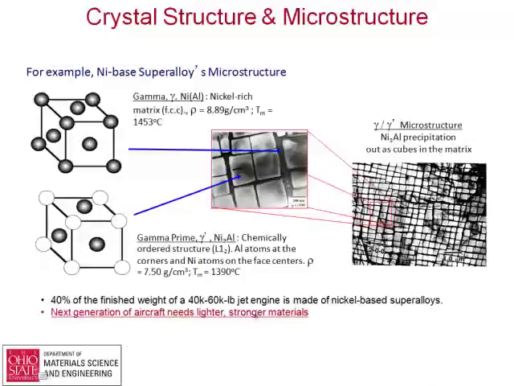So again, just to go back to that example I've kind of hit a couple of times already, these nickel-based superalloys. Again, we have this gamma phase, which is just a nickel-rich alloy, which sits here. And then we've got these gamma primes, which are these bricks, which are an Ni3Al structure.